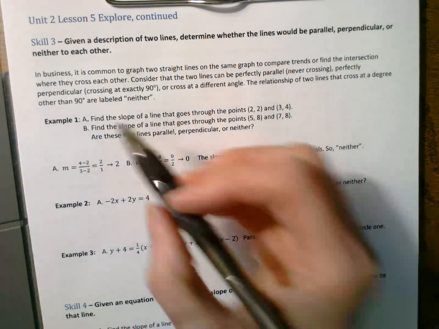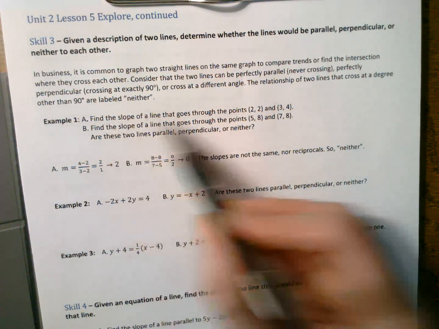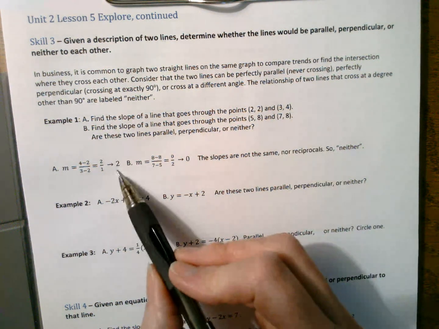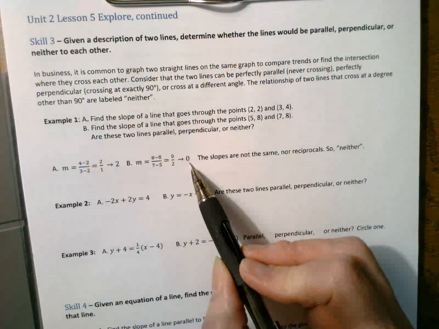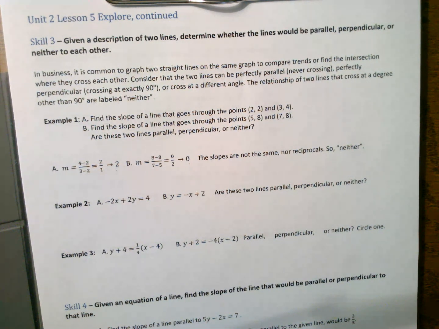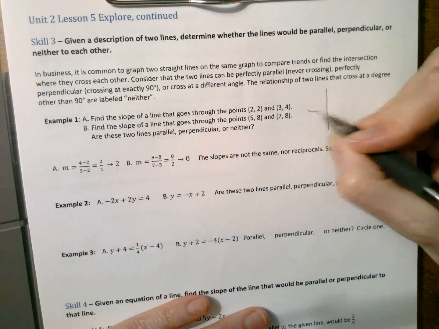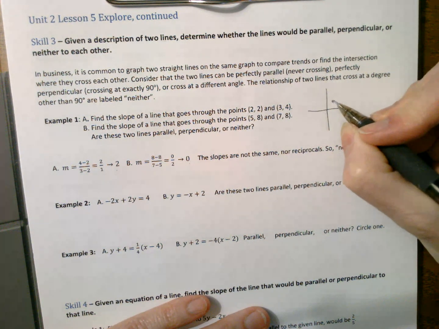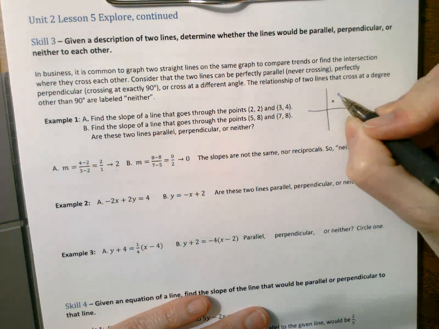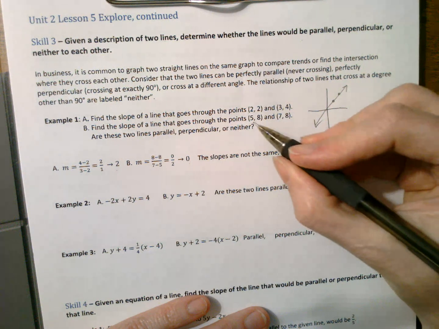Okay? So again, if you're given the description of two lines, find the slopes from 2 points. So they're describing a line. So 2, 2, and 3, 4, there's a line. This isn't graph paper, so I'm not sure that's exactly it.